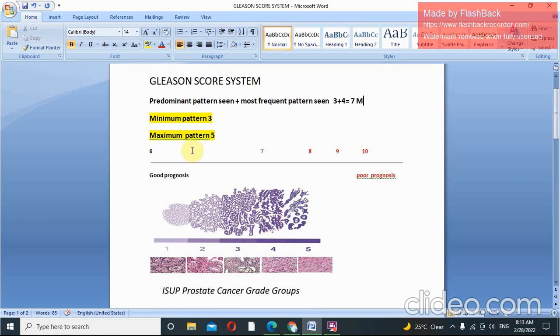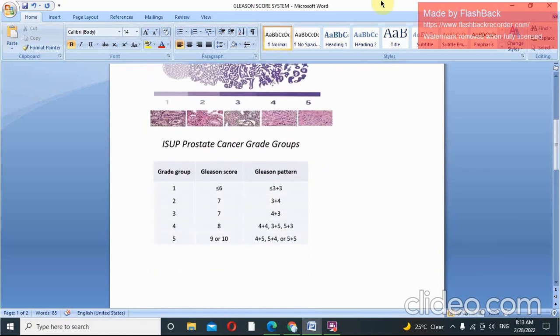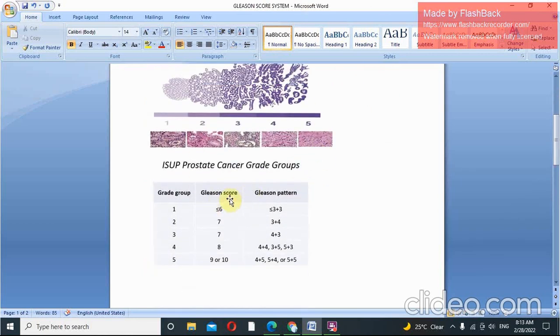And then about the grading groups, if the Gleason score is 6, then this is grade number 1. This is low grade cancer. While if the Gleason score is 7, then this is medium moderate grade cancer. If the Gleason score is 8, 9 or 10, the grade will be 4 and 5.